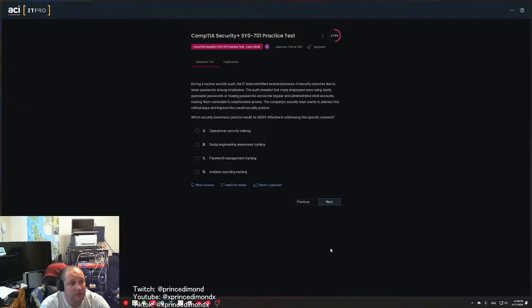The company's security team wants to address this critical issue and improve the overall security posture. Which security awareness practice would be most effective in addressing this specific scenario? This is gonna be password management training. I don't know if that's actually a thing as part of this, but I'm pretty sure that's going to be our answer, and that is correct.